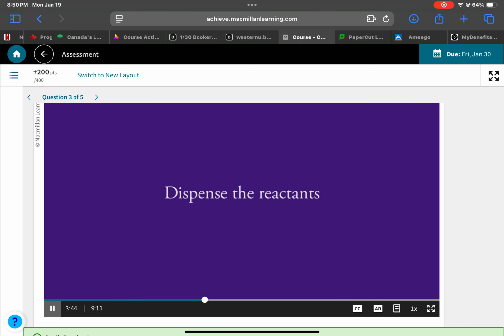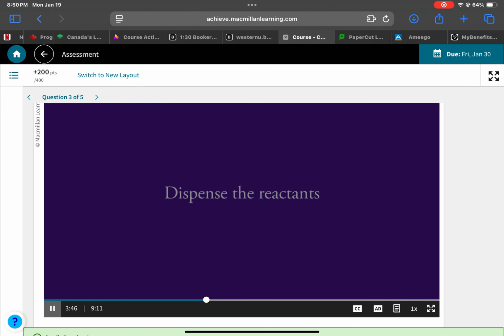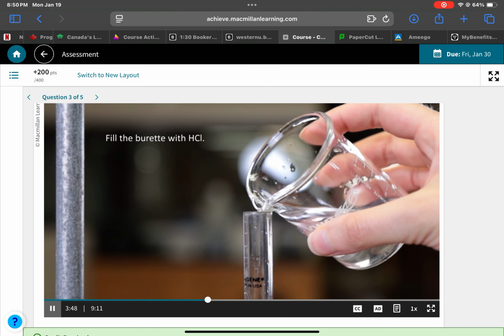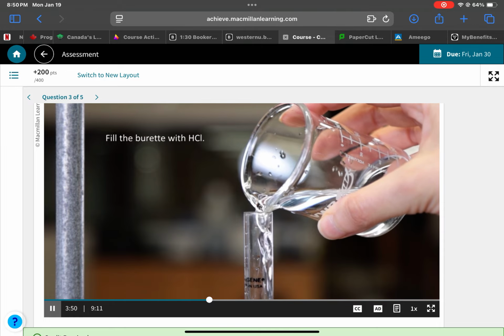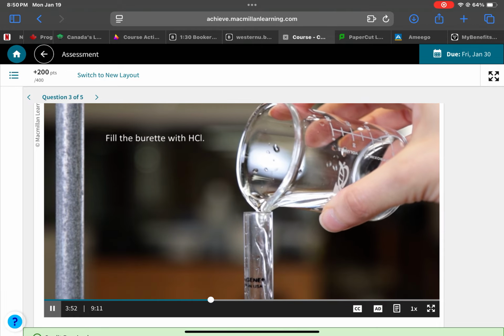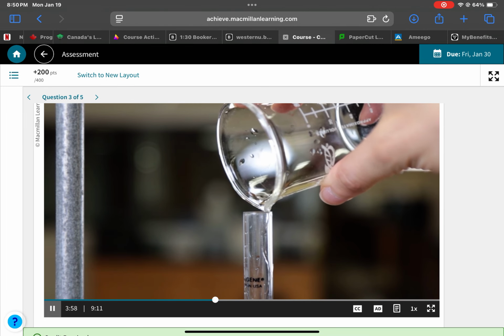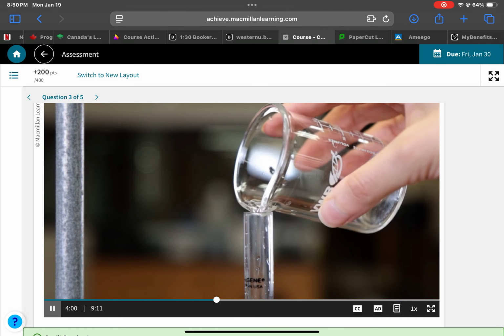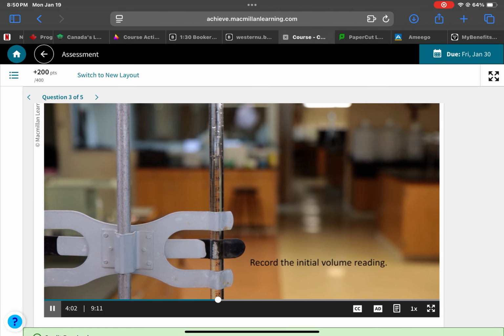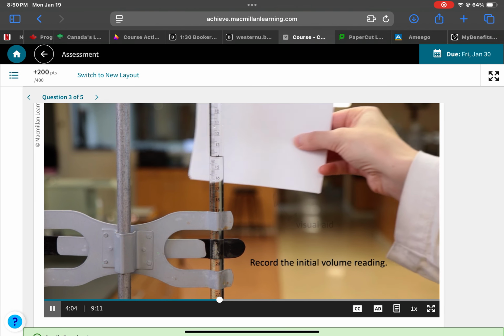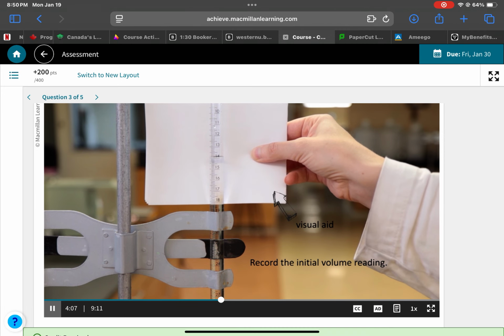Dispense the reactants. Fill the burette with hydrochloric acid. Record the initial volume reading. A white card or paper may be placed behind the burette to assist with this reading.